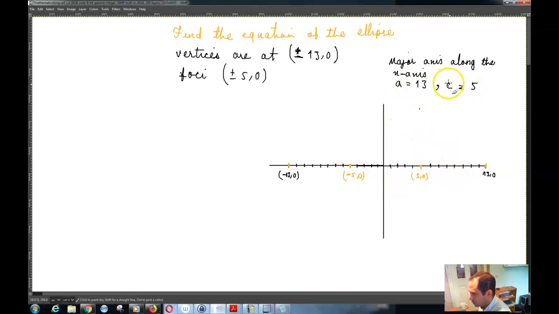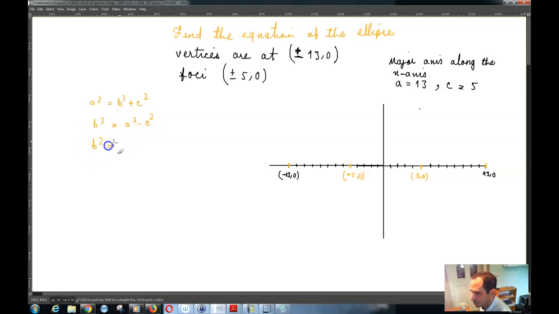And so based on this, you can calculate your b. So basically, you know that a squared is equal to b squared plus c squared. So b squared is equal to a squared minus c squared.